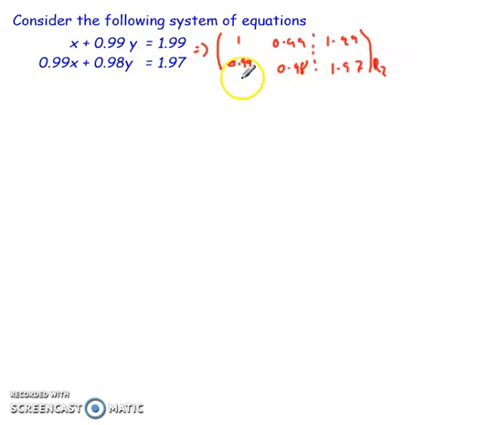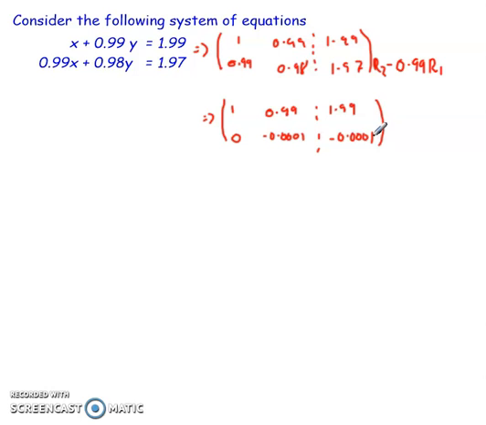Well, I only have to do one because I want this value to be 0. What I'm going to do then is do row 2, take away 0.99 of row 1. That'll eliminate this value and allow me to read off my solutions. So what that'll tell me is that I've got a 1, 0.99, 1.99 in the top, and my bottom row will give me a 0 there, negative 0.0001, and then negative 0.0001 there.